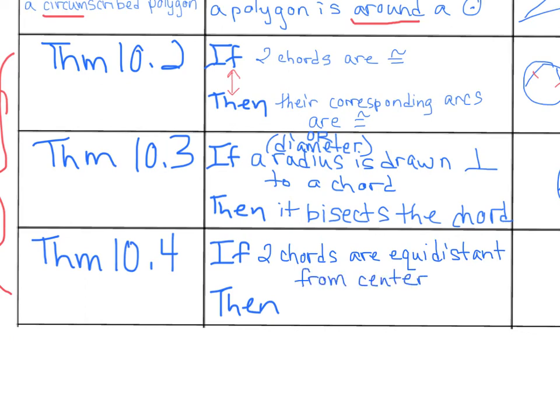And just so you know, that is always measured at a 90-degree angle, distance from a line to a point. Then what we can conclude is that the chords are congruent, that they're the same length.